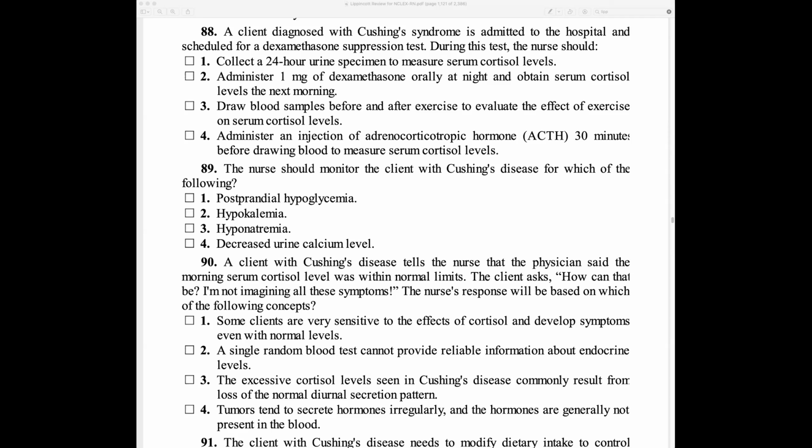Very good. You've got it. Very good. Because you're going to remember that Cushing's disease, everything is high except the potassium. Addison's, everything is low except the potassium. Very, very good. All right.